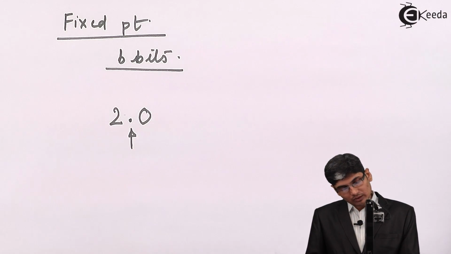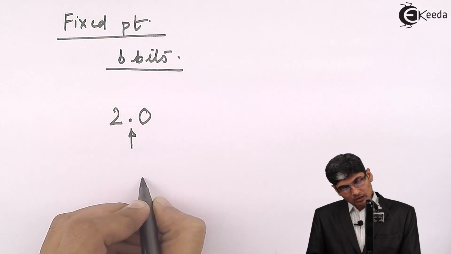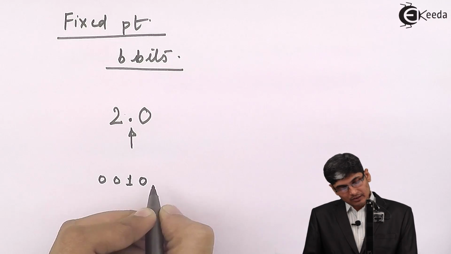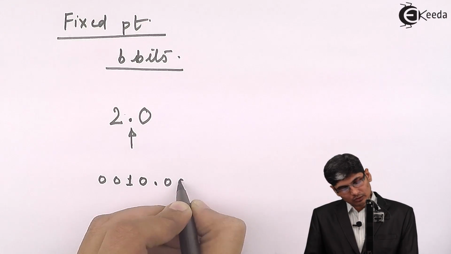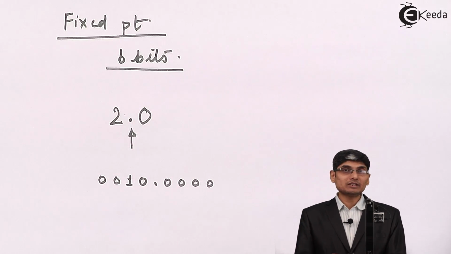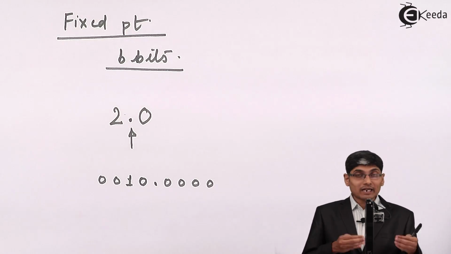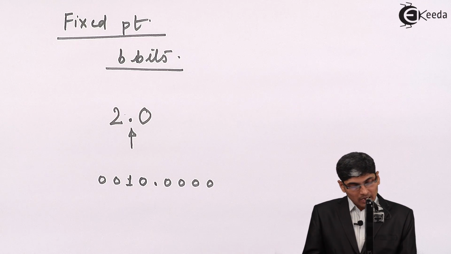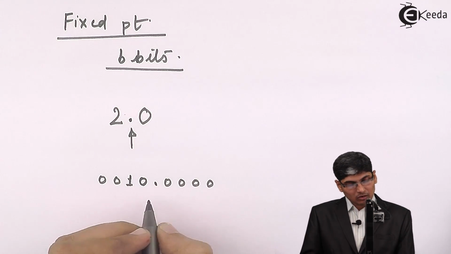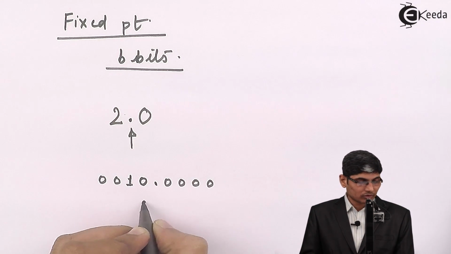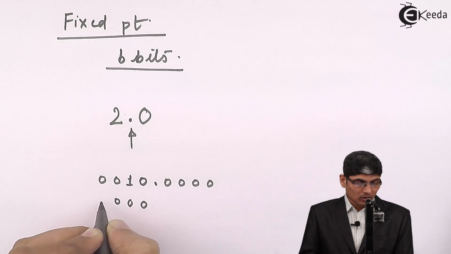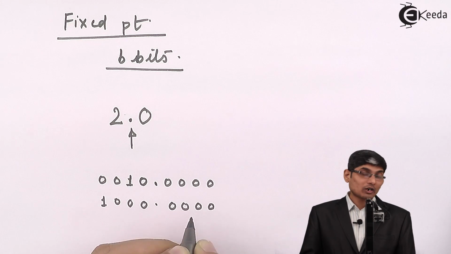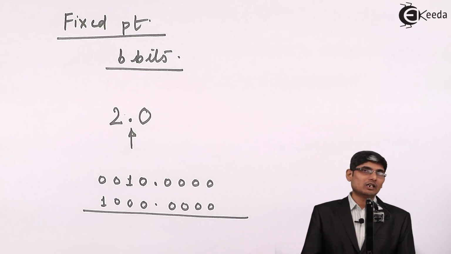So now the 2 will be represented as 0010.0000. Now what will my addition do? In my addition, I will arrange the next number exactly into this 8 bits. Let's say I have a number 1, so this is 0001.0000. So what we have done? We have aligned the decimal point.